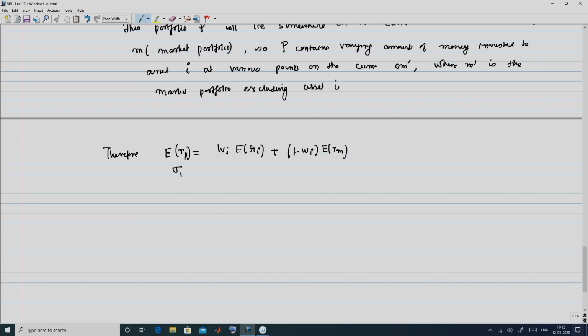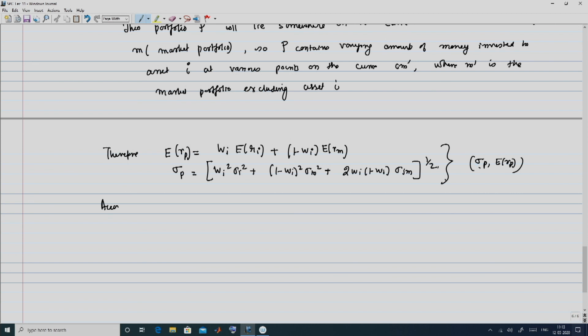Accordingly, sigma p square is going to be WI square sigma I square plus 1 minus WI square sigma m square plus twice WI into 1 minus WI into sigma I m, and this whole thing will be raised to the power half if I just take sigma p. So, now I have found this relation between sigma p and ERP.